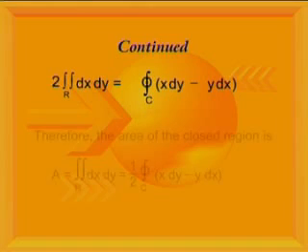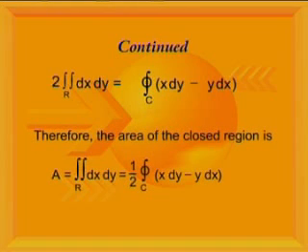You can see that is only the area of the region. So therefore this area is equal to half of the line integral over the curve C of x dy minus y dx.